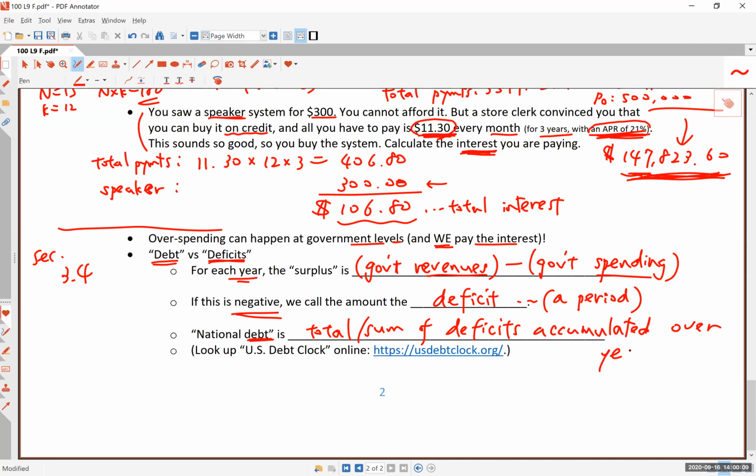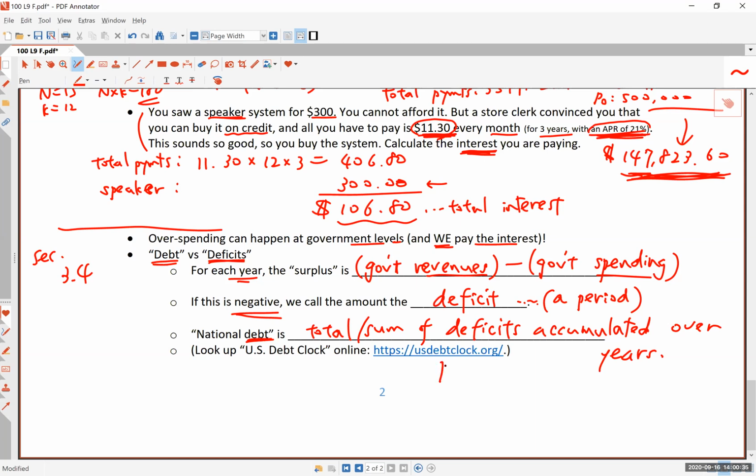So there's a difference between the word debt and deficits. The deficit often refers to the negative surplus. It's basically how much you overspend compared to how much you've received. If it's for 1 year, it's called a deficit. But if it's for a long period of time, then we call that a national debt.